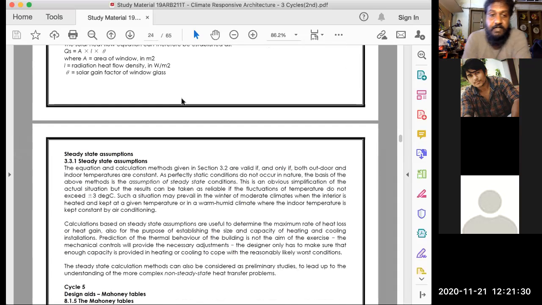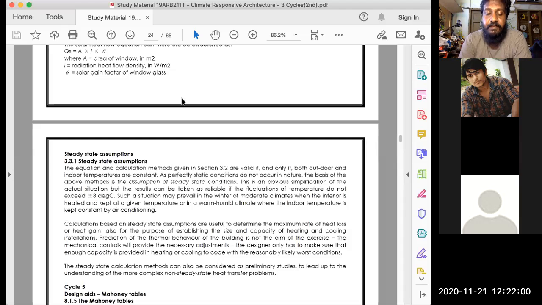Finally, the steady state assumption is almost like a note on the thermal part. What the steady state assumption states is that it is like a caution: normally when we speak about the temperature on the outside and the temperature on the inside, we take one constant temperature.